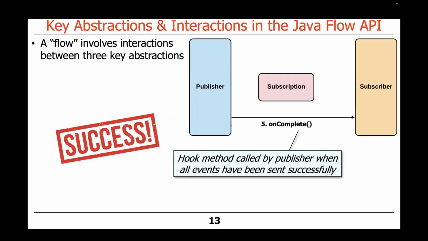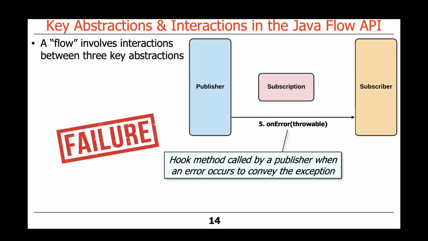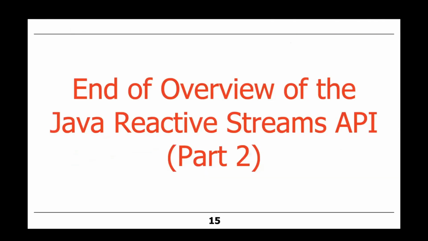If all goes well and we don't have an infinite stream, then the publisher will typically invoke the onComplete method when all the events it's aware of have been sent successfully. And that's basically like the end of file marker in a file in Unix or Mac or Windows. And if something goes wrong and the publisher can't continue, then it'll call the onError hook method, passing in the corresponding throwable to inform the subscriber what has gone awry. And then the subscriber should do something with that.